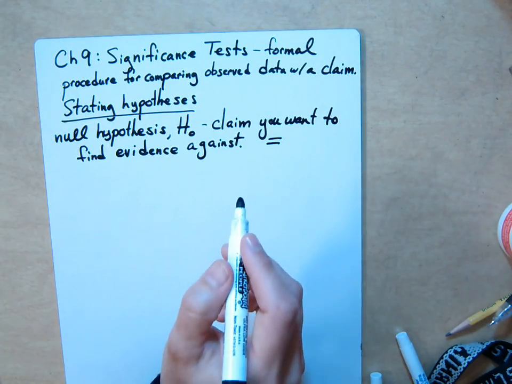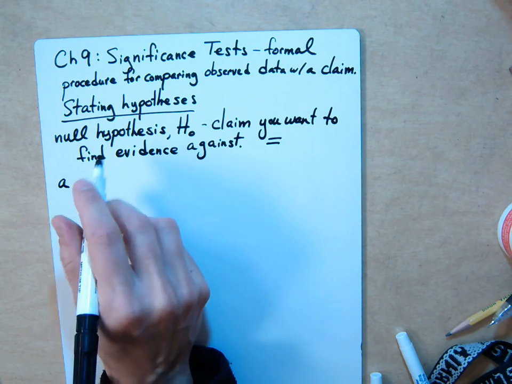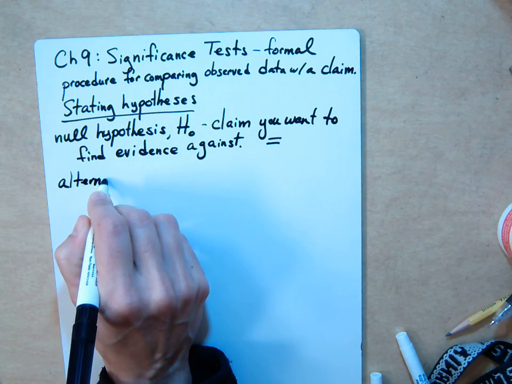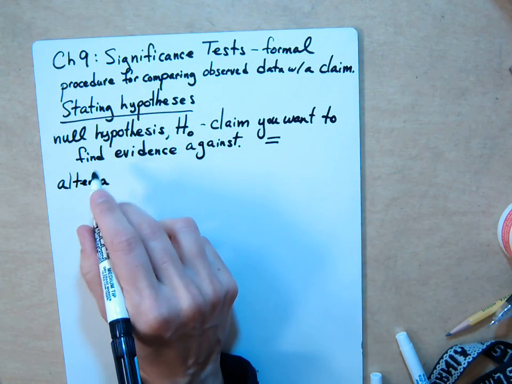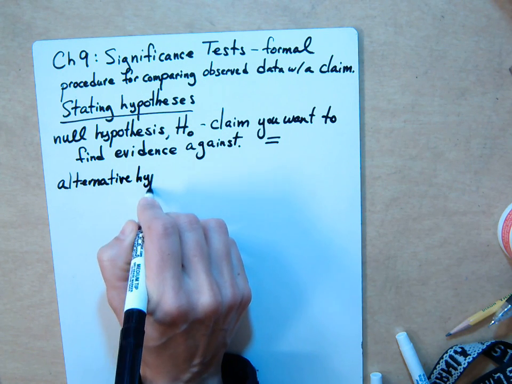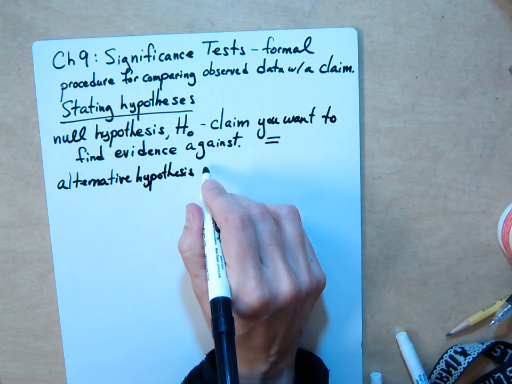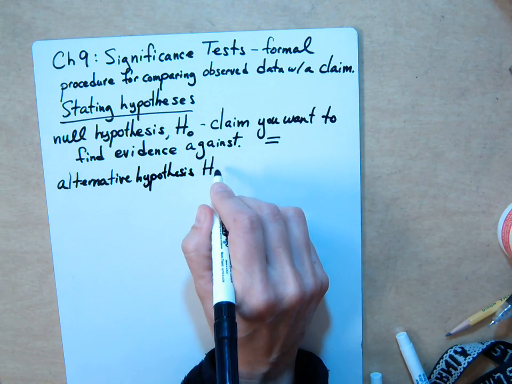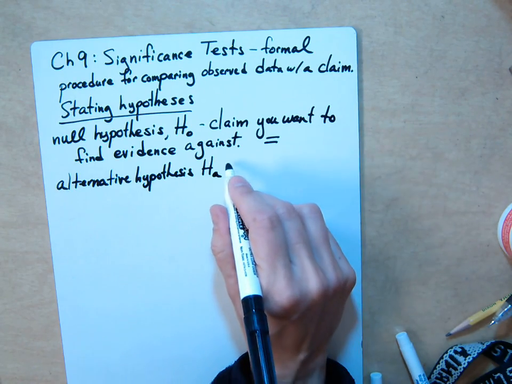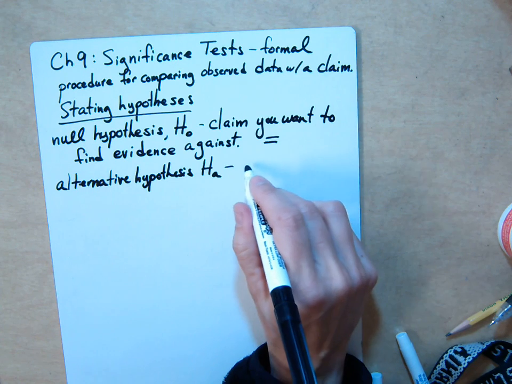If you can find evidence against it, then you can conclude the alternative hypothesis is valid. Alternative hypothesis. And that is H sub A. And this is actually the claim you're trying to find evidence for.